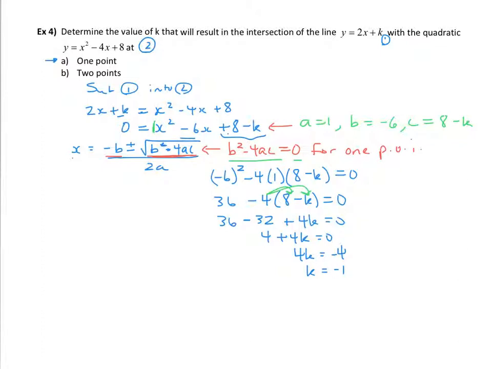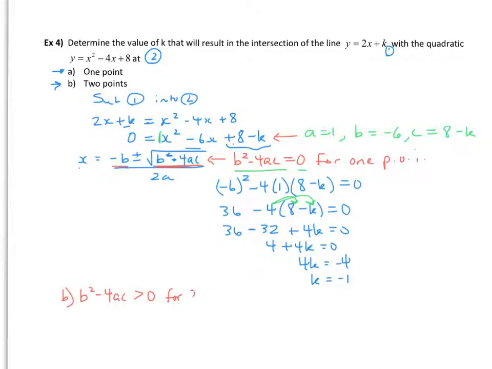Now, I can summarize that, but my next question is, what has to be true about k to have 2 points of intersection here? All right, so let's look at that. I know for 2 points of intersection, and this is part b here, b squared minus 4ac has to be positive. It has to be greater than 0 for 2 points of intersection.